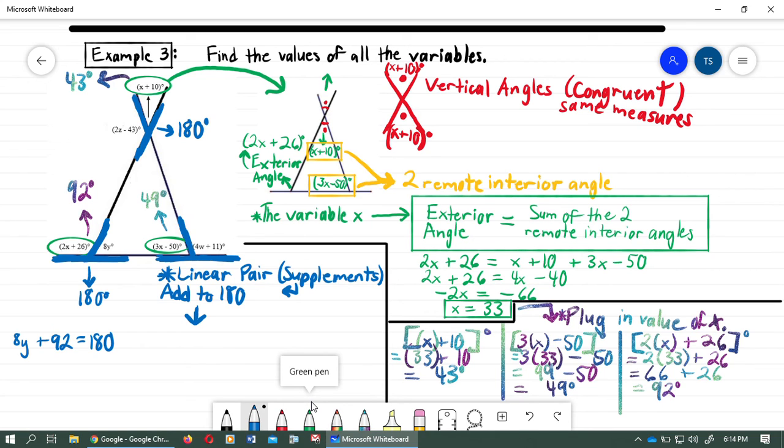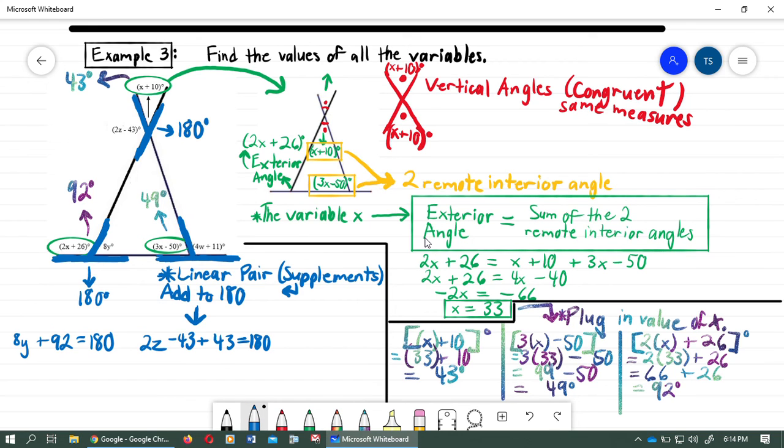I'm going to split these up after I write them out. The other equation that will help us find z is 2z minus 43 plus 23 minus 43 plus 43 equals 180.